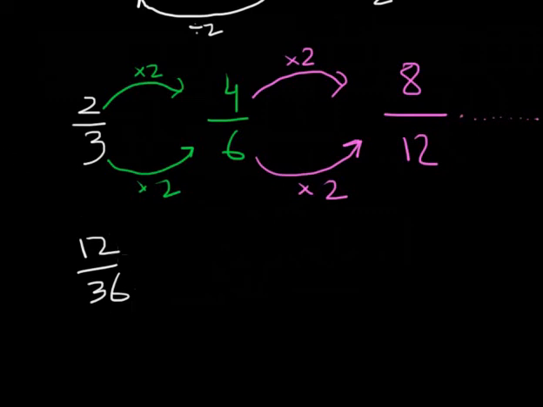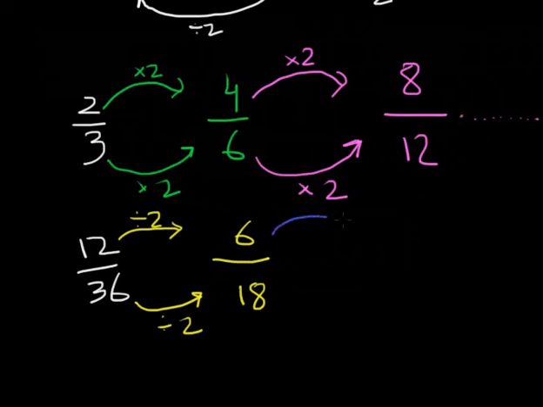Since both of them are divisible by 2, so we can straight away divide them by 2, and if we divide both of them by 2, so 12 divided by 2 is 6, and 36 divided by 2 is 18. They again can be divided by 2 or even 3, so let's divide it by 3 this time.